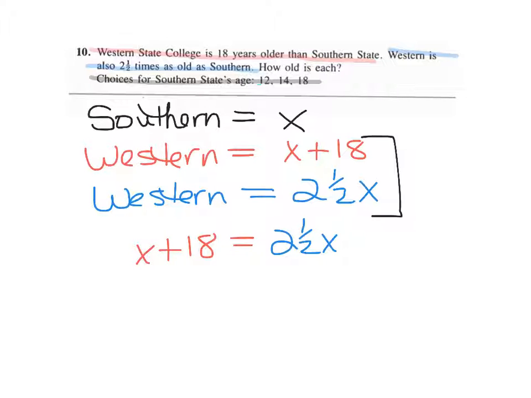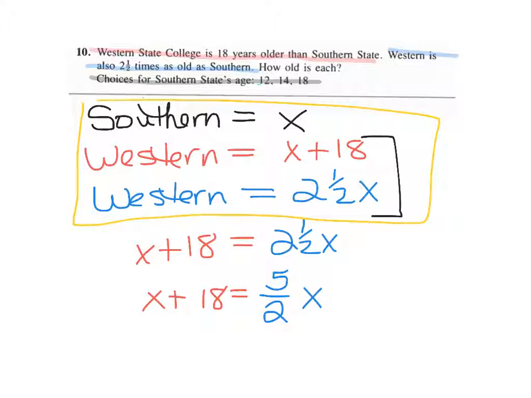So I'm going to actually change 2.5 into 5/2. This side I'm leaving alone. So now that I have my variables defined and my equation that I'm going to use to solve, I'm now going to take my 3 domain values and start replacing them until I find the one that works.